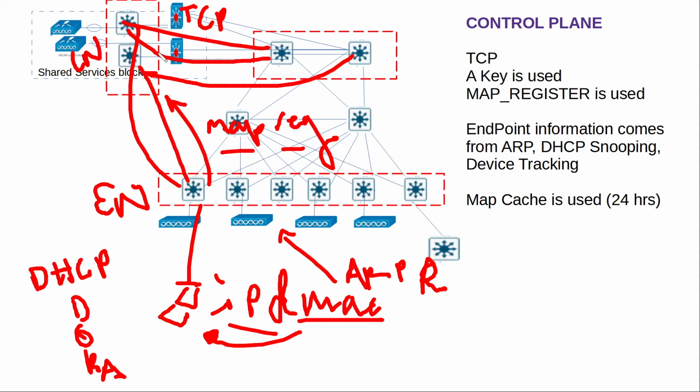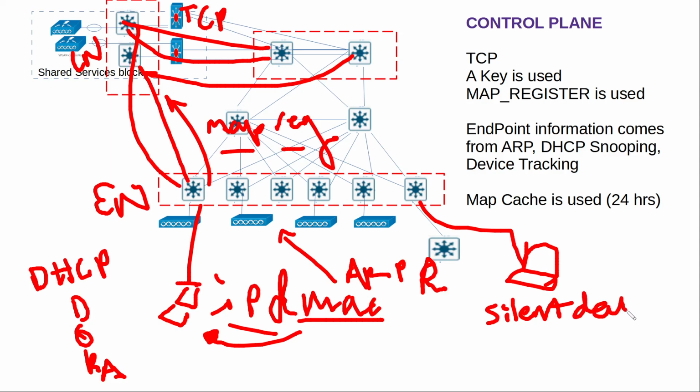There is an issue here because there are some types of devices known as silent devices, that are not usually sending anything into the network unless they receive a broadcast or a unicast directed to them.